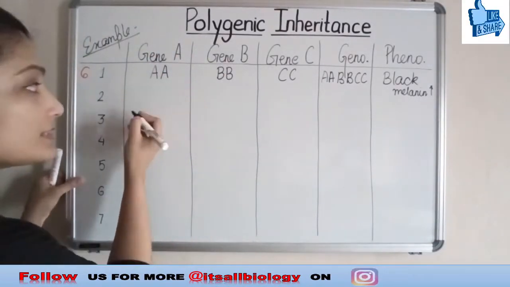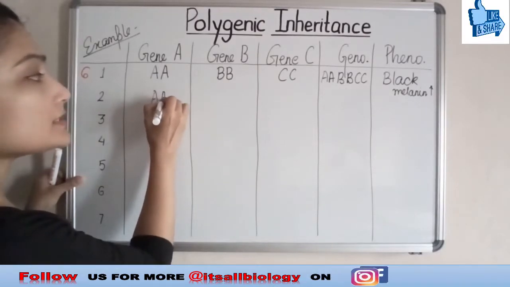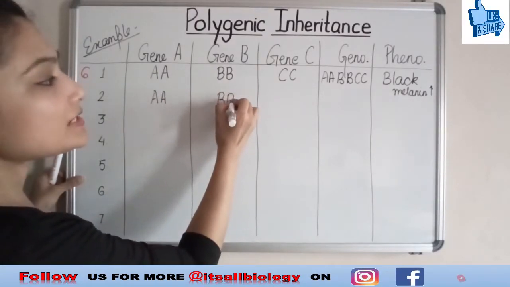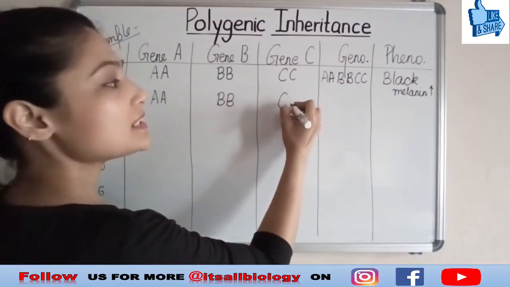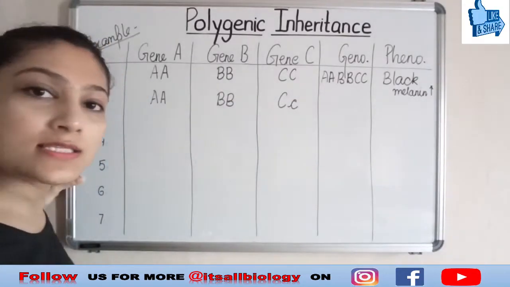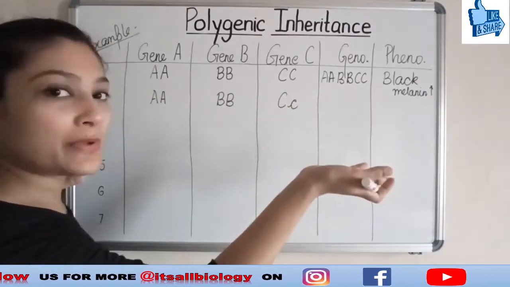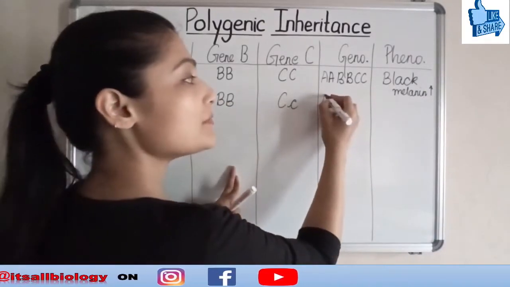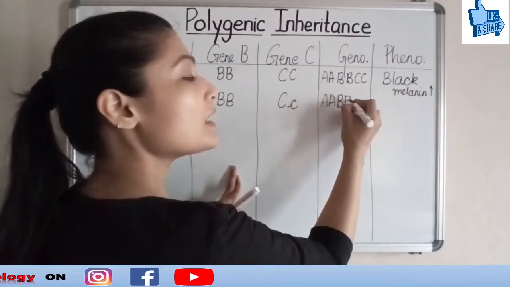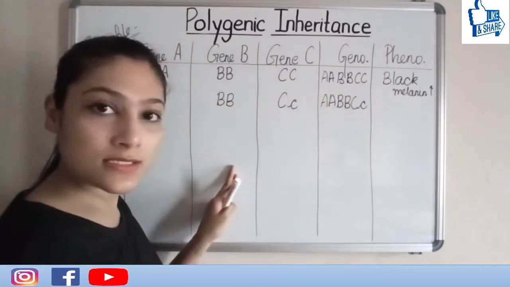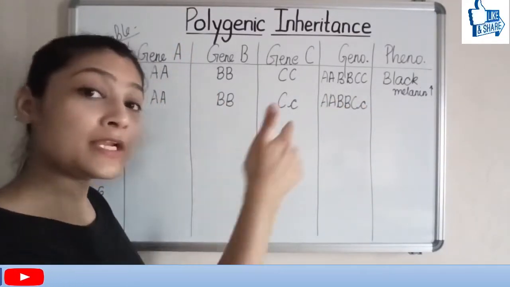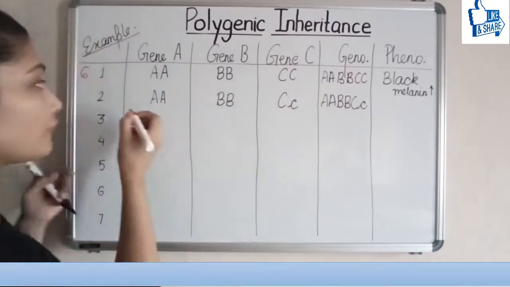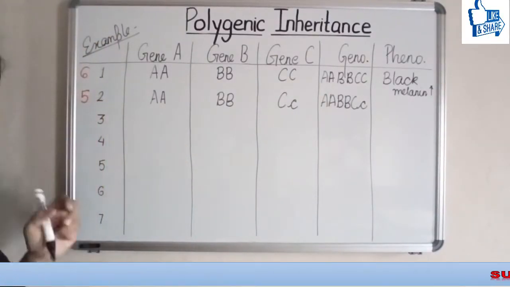Let's see. Say A is dominant, B is dominant. In C, one of the genes is recessive. That is, one of the parents' chromosomes has the recessive one. So here the possibility of the genotype is going to be like this. Yes. How many dominants are there now? 5 dominant. Clear?